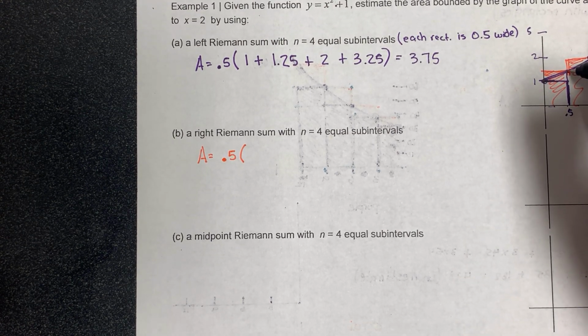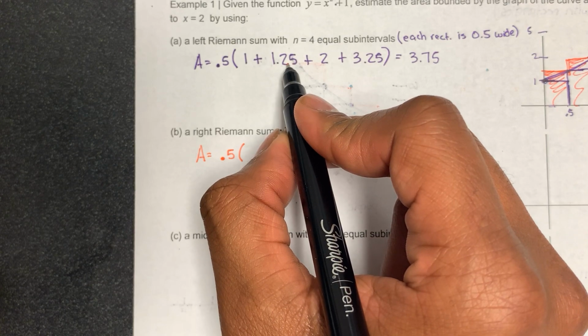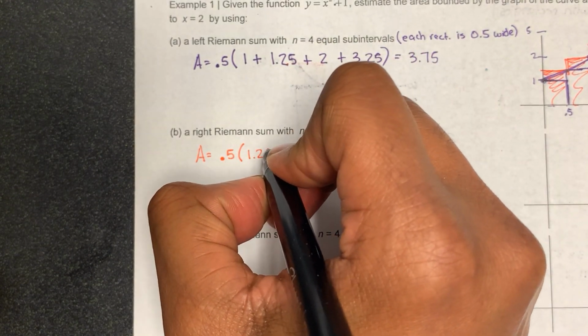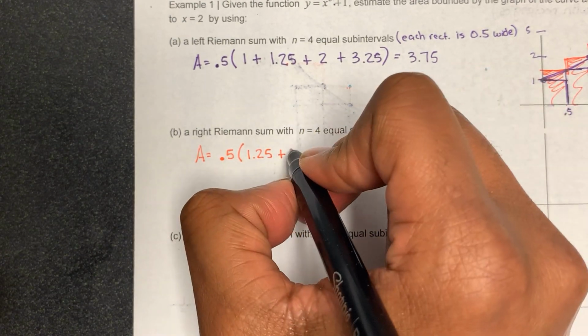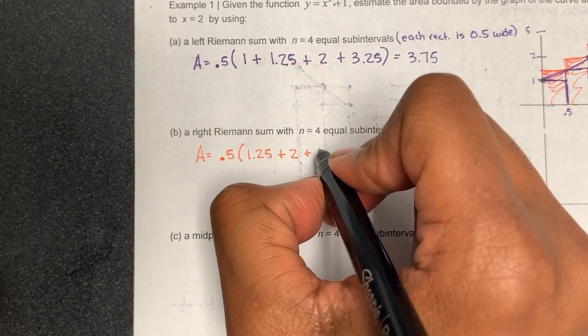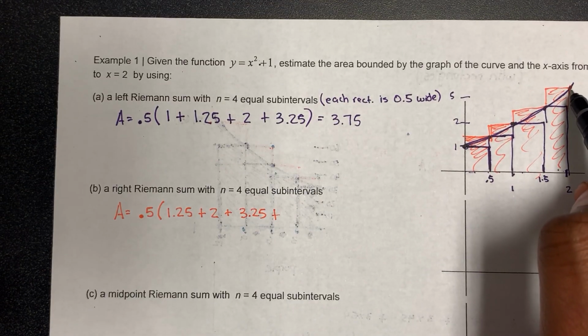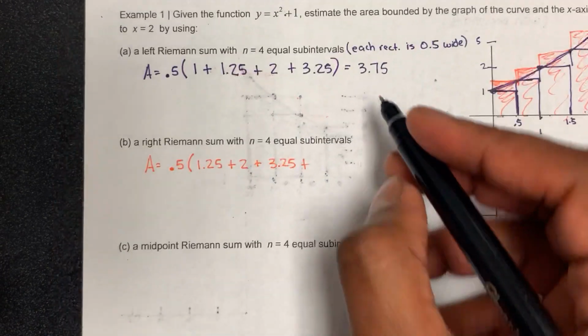So at 0.5, we had 1.25. So 1.25 plus 2 plus 3.25 plus this right endpoint is 5.